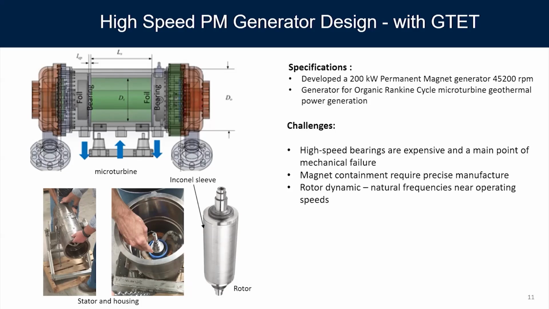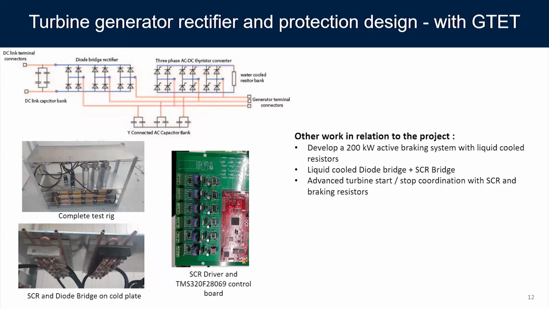In addition to this, designing the machine, we also looked at taking power off the generator. Since it's running at high speed, the fundamental frequency of the generator was above 1000 Hertz.